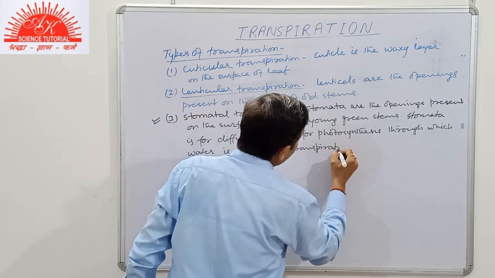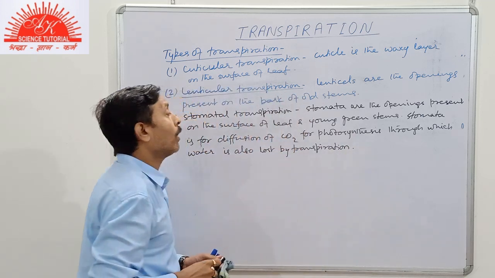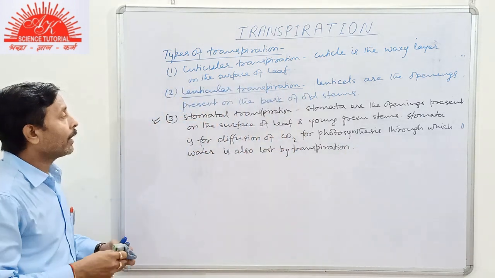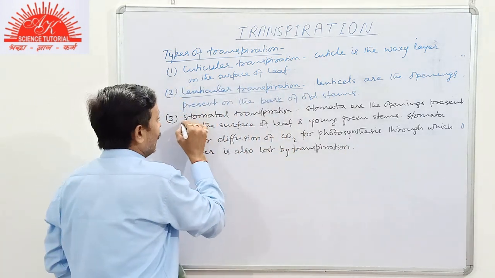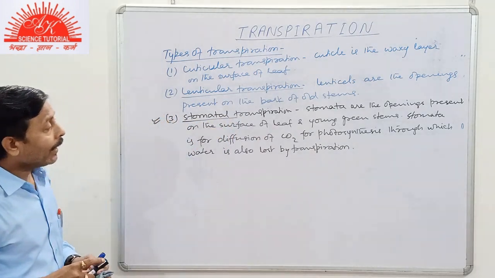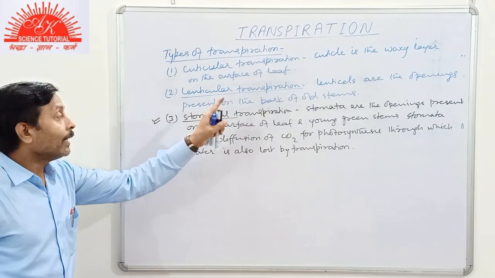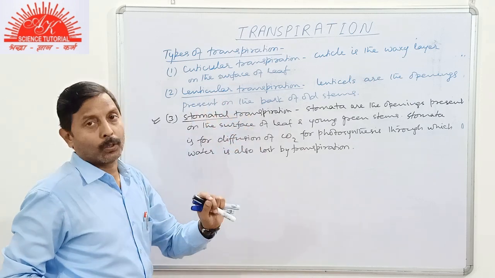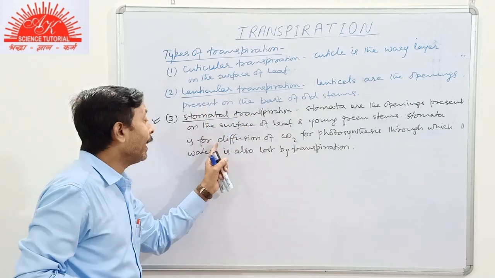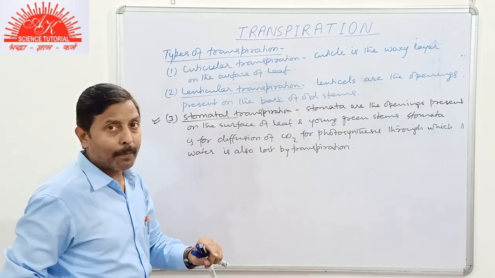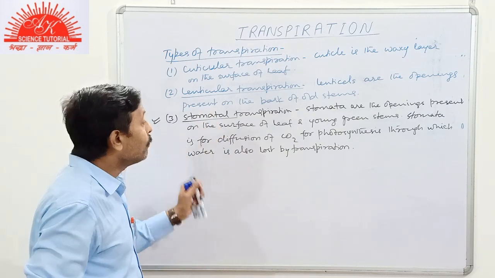So the maximum amount of water is lost through stomata, and through stomatal transpiration, it creates a suction force, which also helps in ascent of sap, distribution of materials and other things.